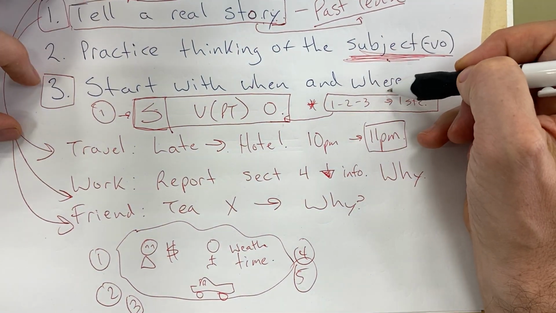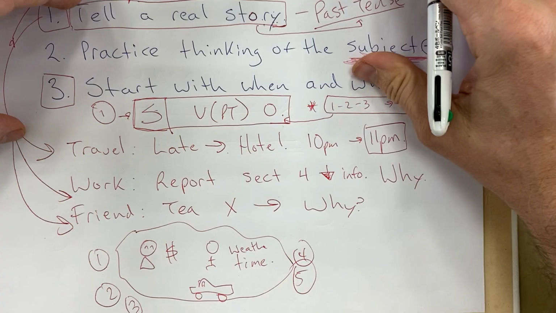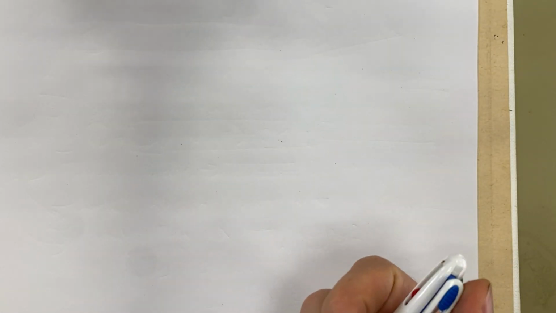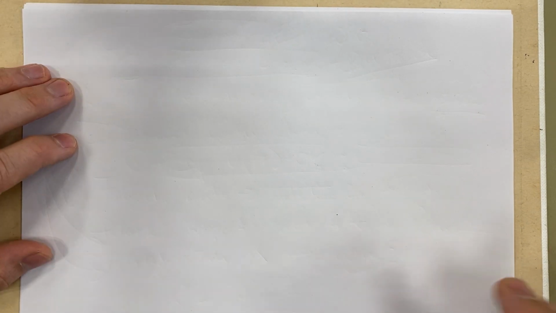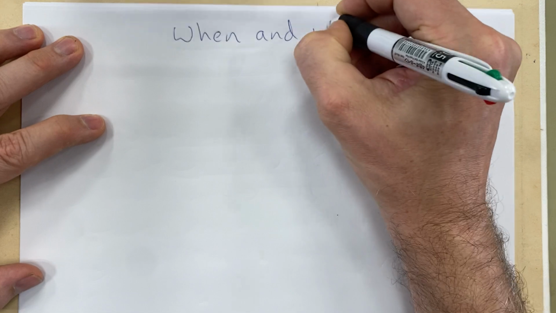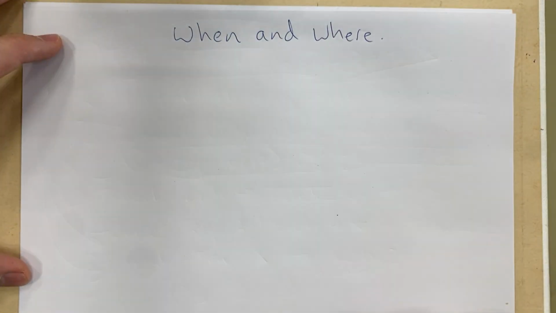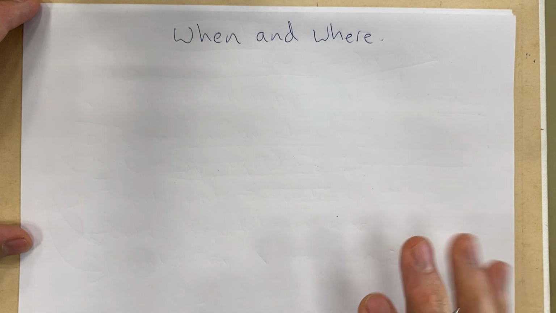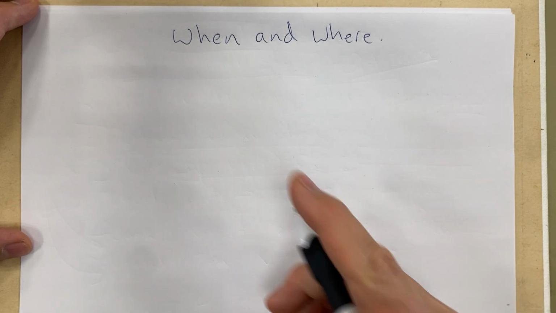And finally, there we get back to starting with when and where. Let's take a look at when and where and why this is so important. Now, this is something that we do naturally in English anyway. And it's going to be really helpful for you because you will be able to express what's happening very clearly and quickly.